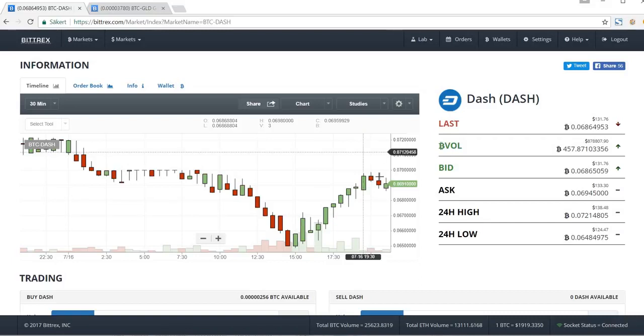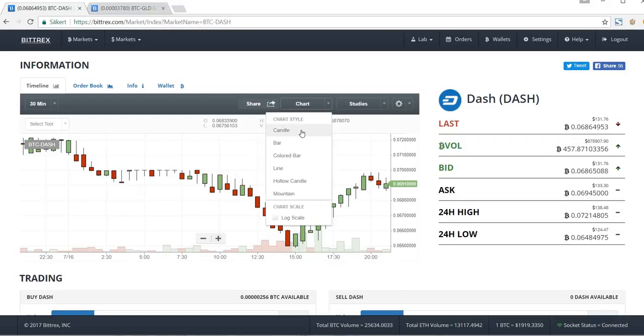I mean, obviously these are candlesticks. All these sticks are based on 30 minutes, but you don't have to use this if you don't want to. There are other options. So if you go to chart type here, we have candle, and this is the default, and we also have line, and we also have mountain.